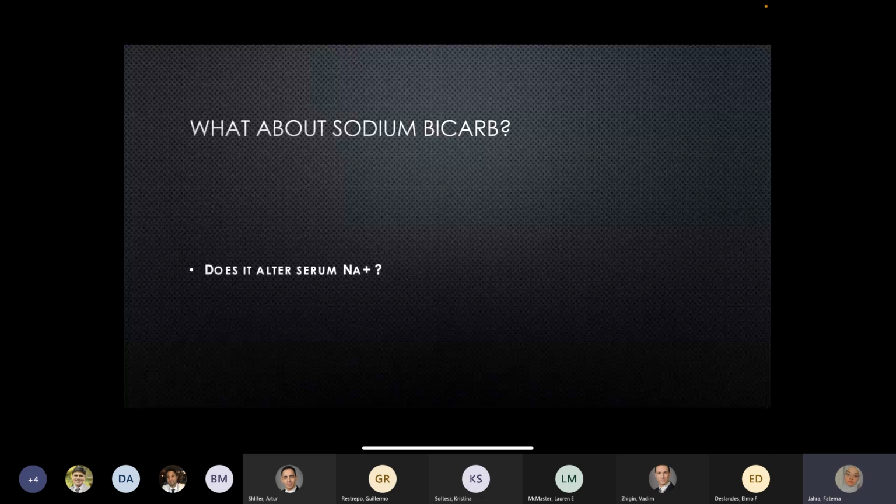And one last thing, I always wondered, I never really did research into it, but does sodium bicarbonate really alter serum sodium? And it does.